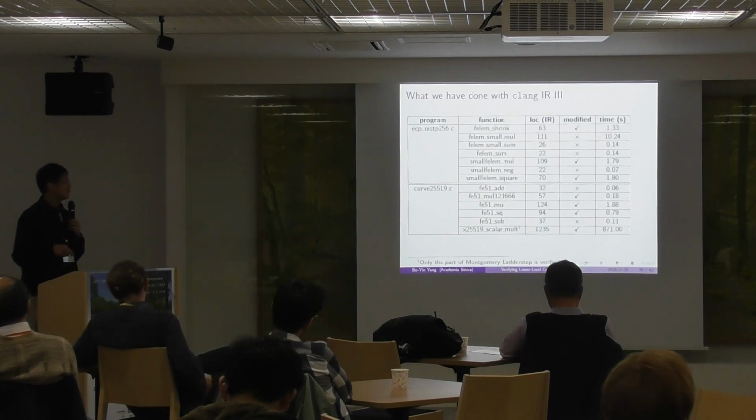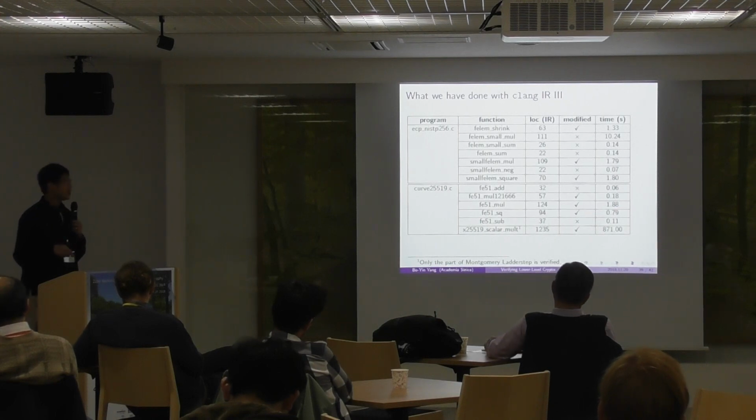And then there's Curve25519, the C reference implementation. And the Montgomery ladder step is verified in about 15 minutes. So this is like real code in real use, and it gets verified in reasonable time.